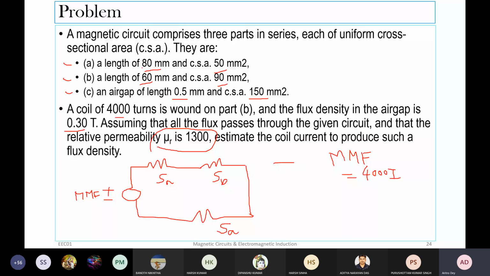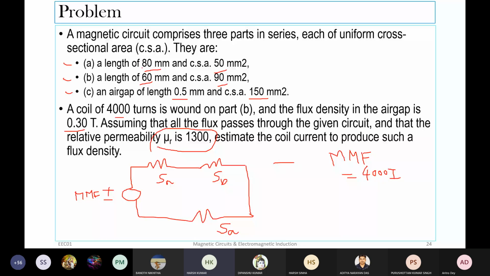Similarly, for the second part B, phi into SB, phi is equal to 0.45 into 10 to the power minus 4. Then length is... Sir, relative permeability for air will be considered 1, because it is again assuming all reluctances are 1300?